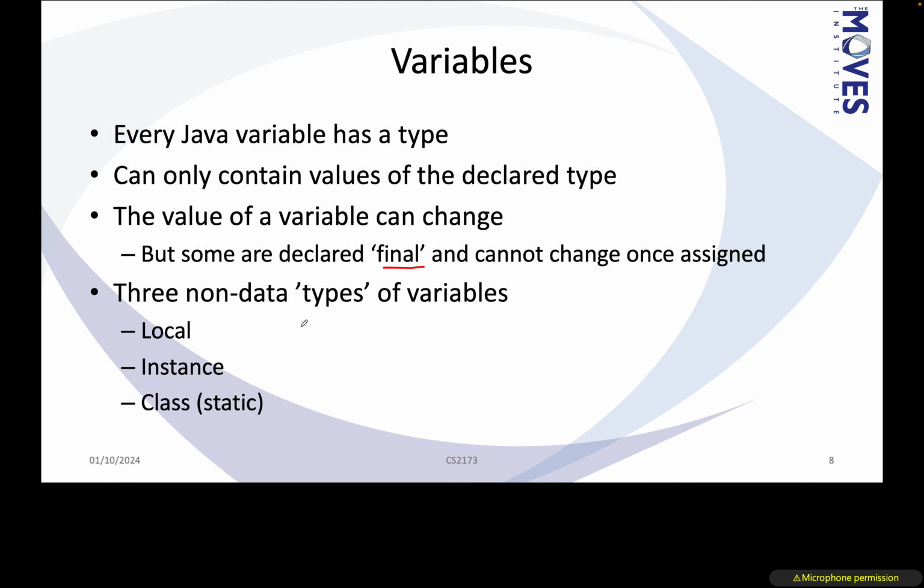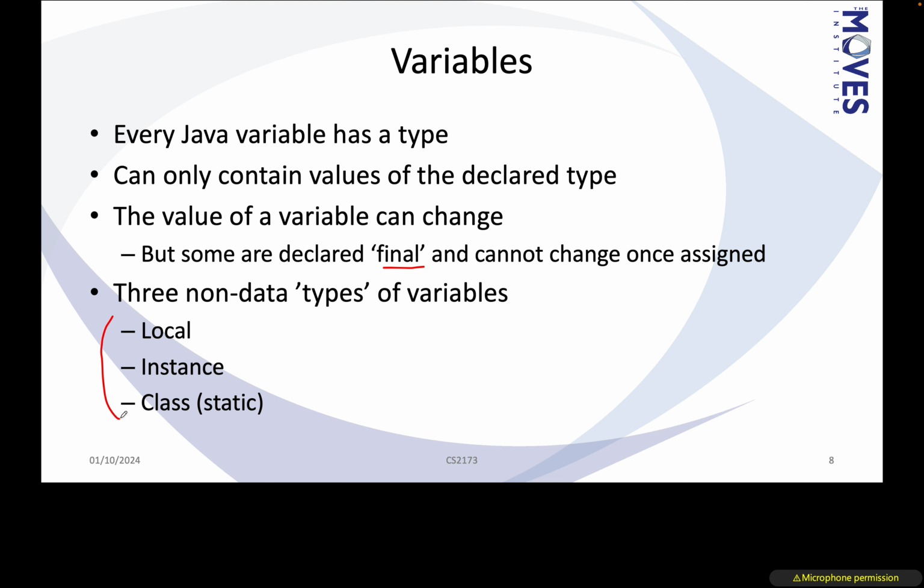That's one dimension. Now there's another dimension, and I don't know another word for it, but it's where variables show up in the program. There are 3 places: local variables, instance variables, and class variables or static variables. What's the difference? We'll delve into this a lot more, and it will hopefully become more obvious once we start writing more code.